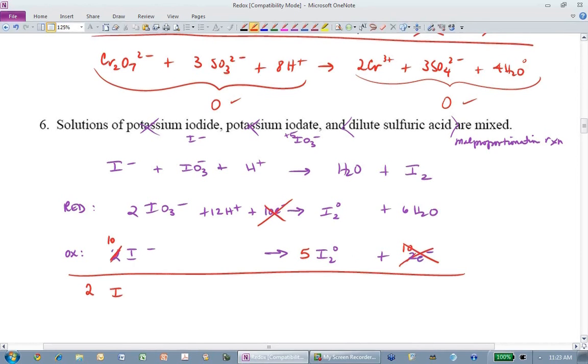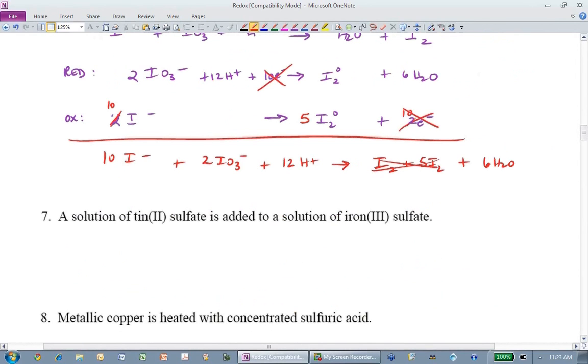So I have 10 I minuses. 10 I minus plus 2 IO3 minus plus 12 H plus yields I2 plus 5 more I2, which you know I'm going to combine to 6 here in just a second, right? Plus 6 H2O. So let's clean this up. This is going to be 6 I2. 10 to 12, 6, 6, crap.